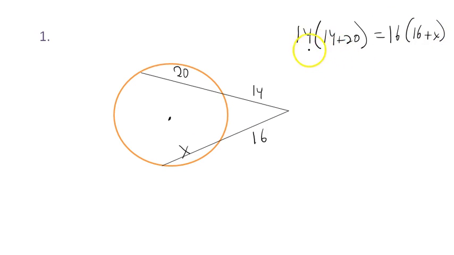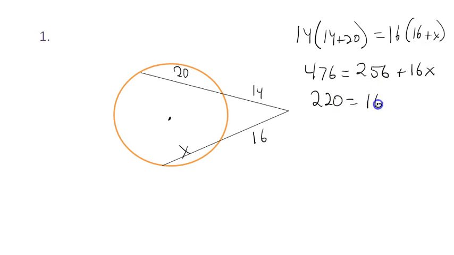So over here, you can just figure that one out real quick, and that would be 476. On this side, I would distribute the 16 in and get 256 plus 16x. Then subtract my 256, and I get 220 equals 16x. And then divide by 16, and I get 13.75. So that's just the basic use of the outside times whole formula.